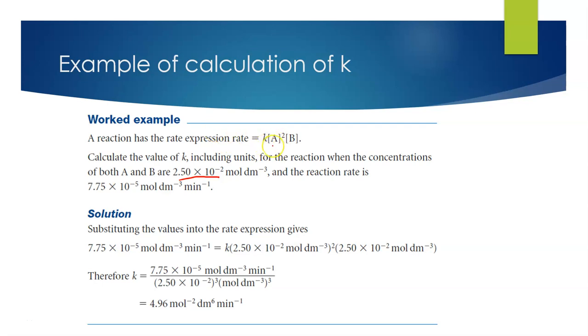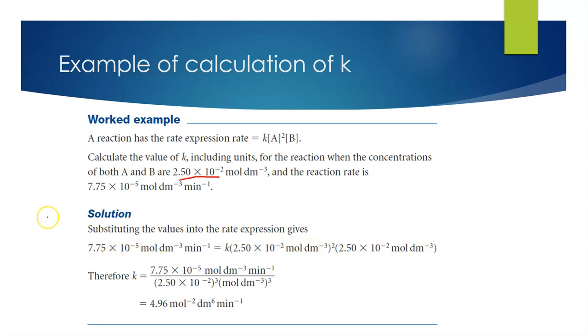We have been given the expression, so we are simply going to substitute in rate 7.75 times 10 to the negative 5, and we're keeping the units in here, is equal to k, which is what we're looking for, multiplied by the concentration of A squared, multiplied by the concentration of B. So this means that we are going to have moles per decimeter cubed, working out our units, and then 2.5 times 10 to the negative 2 cubed as well, because essentially this is the same number, so it's going to be cubed.